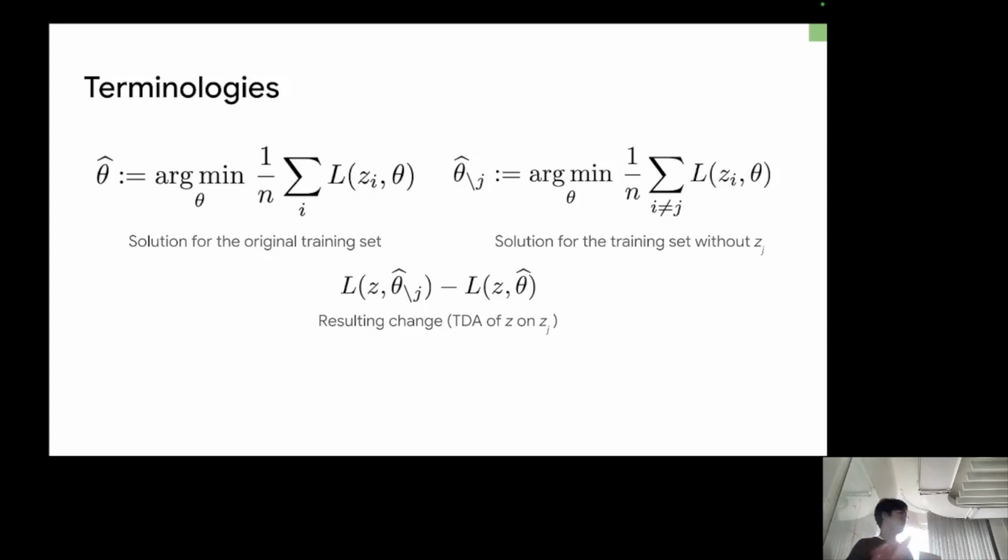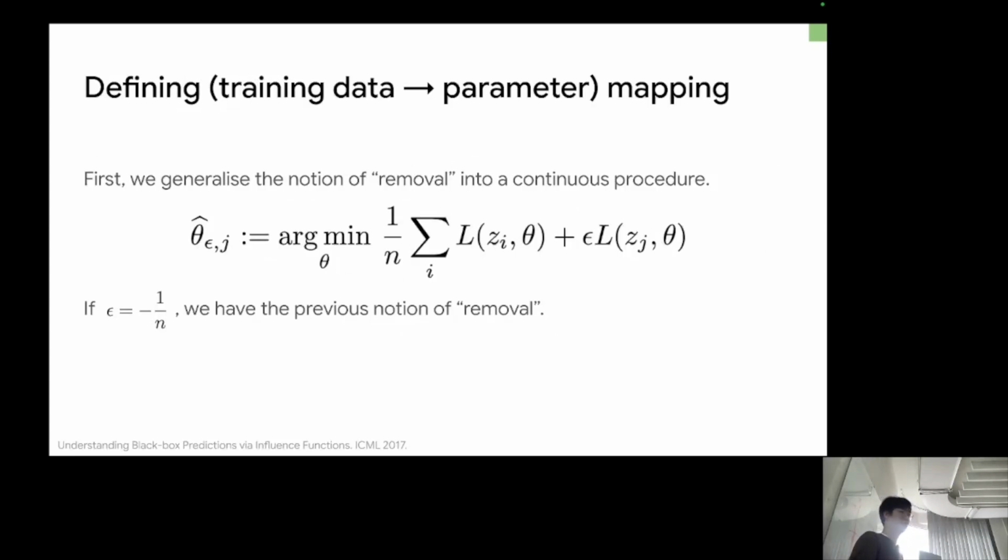That's again going to be a differentiable, deterministic function. And the quantity that we are interested in is the difference between the loss using theta hat minus j and the loss when you're using theta hat. That's exactly the quantification of what we want to compute. The question is, how do you compute this more efficiently than computing them directly?